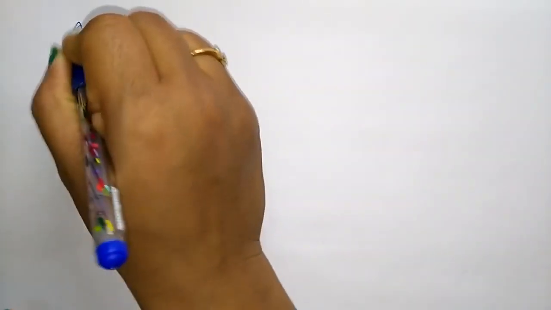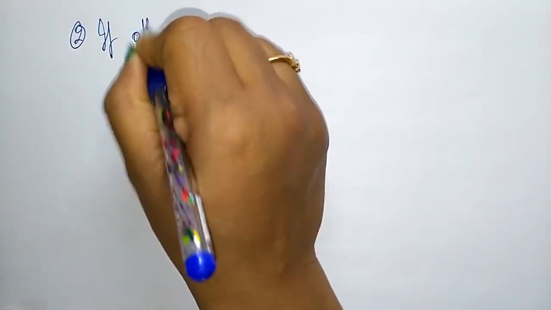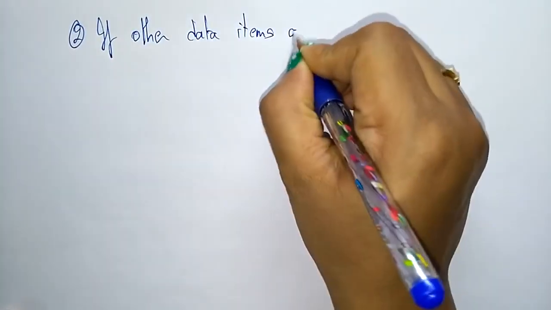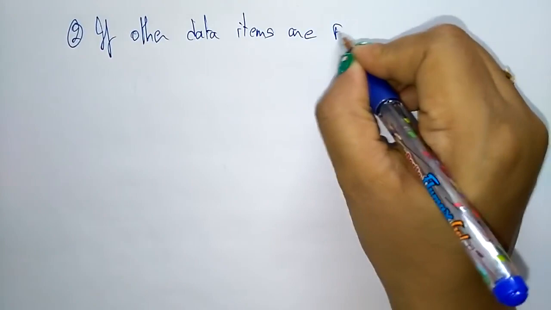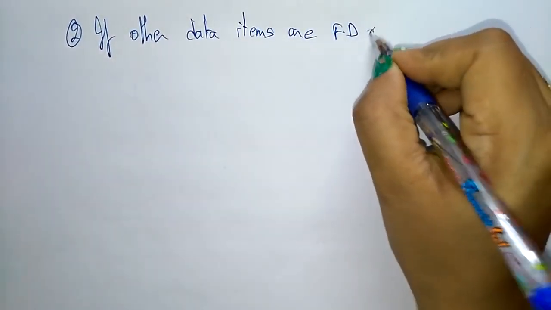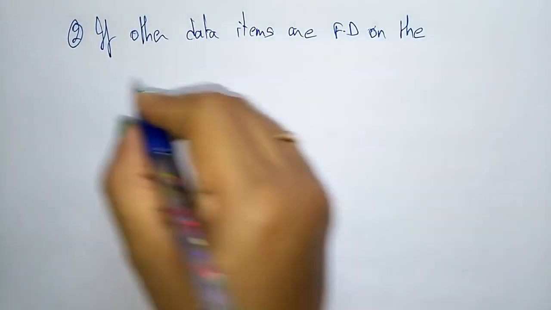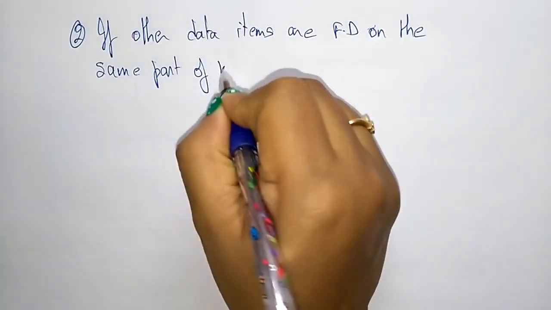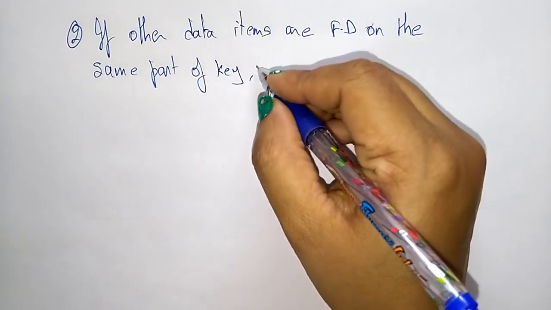The second step: if other data items are functionally dependent on the same part of the key, then place them in the new table.